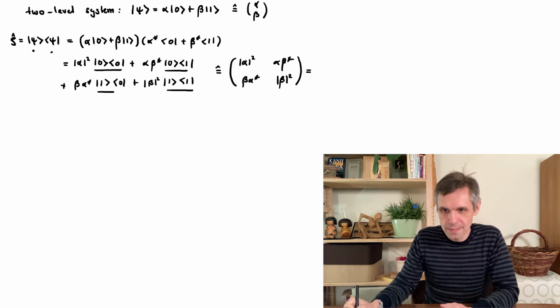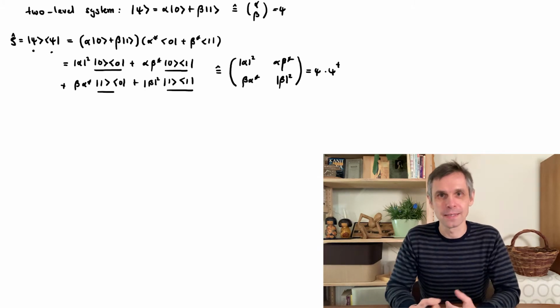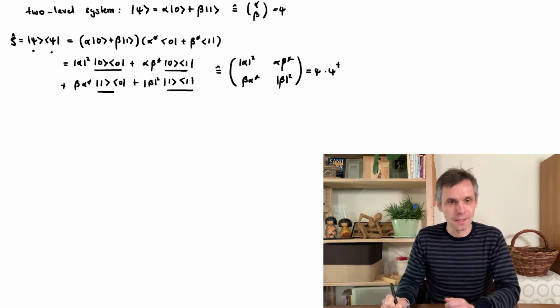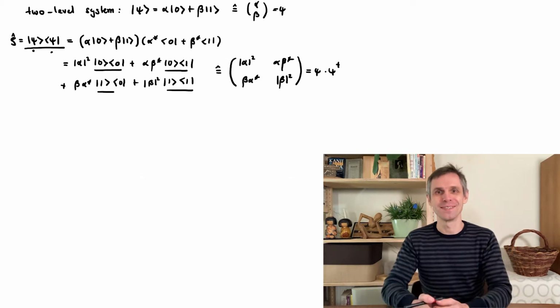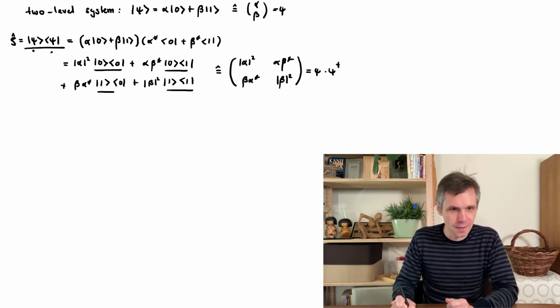And when we do this, we see that this corresponds indeed to the following product of a vector with the Hermitian conjugate, very similar to what we have in the scalar product, but in the opposite order, just as here where we don't have the scalar product, but the states multiplied in the opposite order. So this covers the case of a pure state for this two-level system.